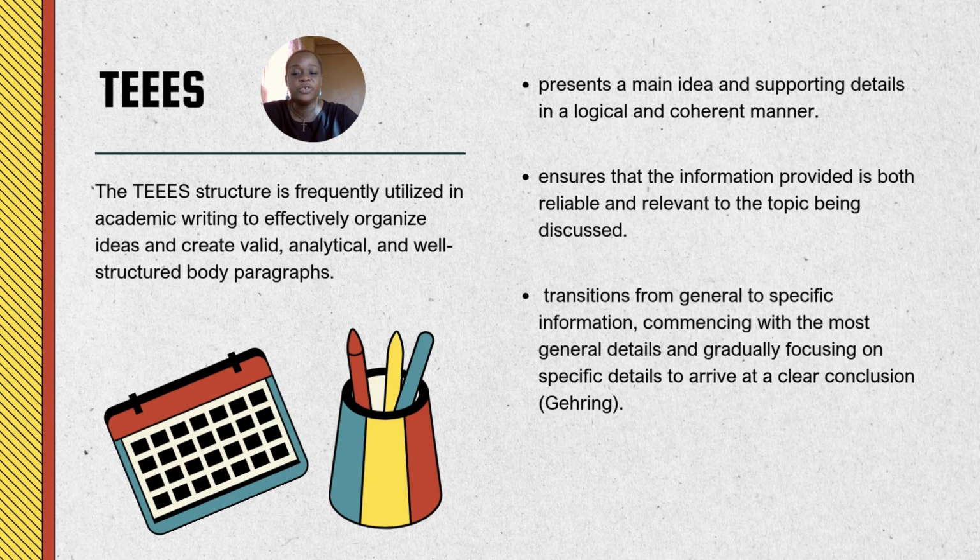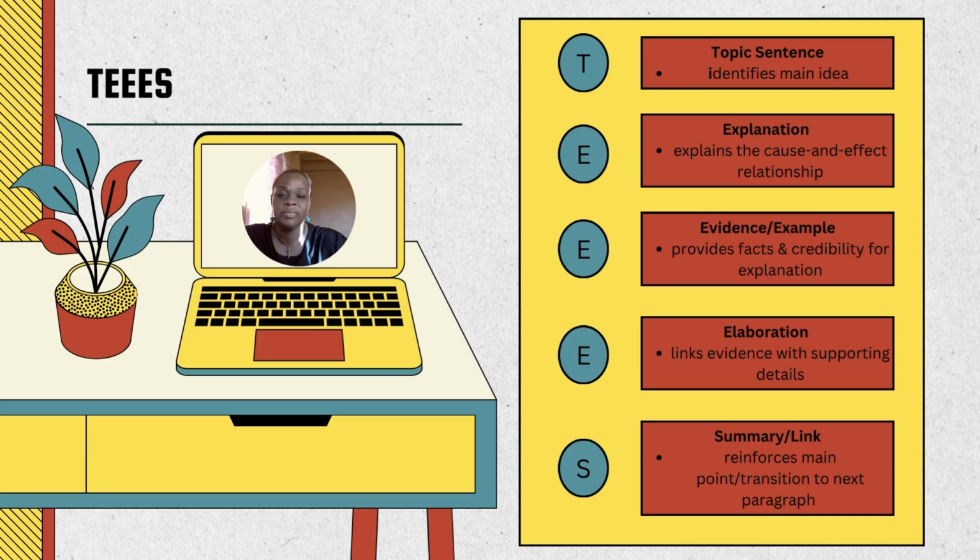Similarly, the TEES structure is often used in academic writing to organize ideas and develop clear, analytical, and well structured body paragraphs. It presents the main idea and supporting details logically and coherently, ensuring the information is reliable, relevant, and flows from general to specific points to reach a clear conclusion as suggested by Garin.